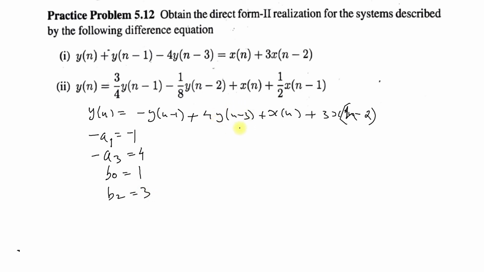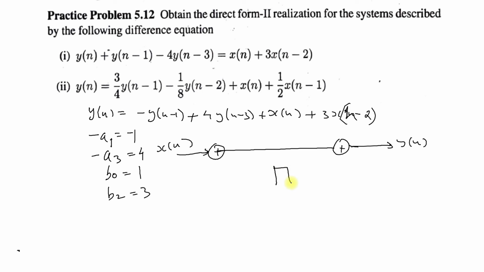So in this case the number of delays is 3. First we can draw the input and output adders, x of n, y of n, then give 3 delay elements like this.